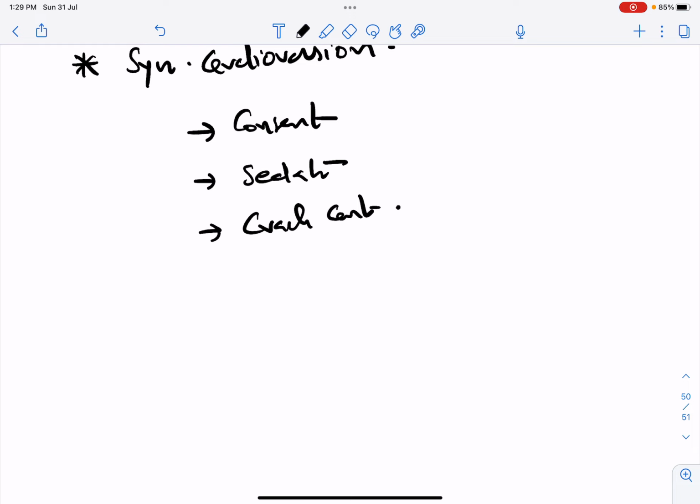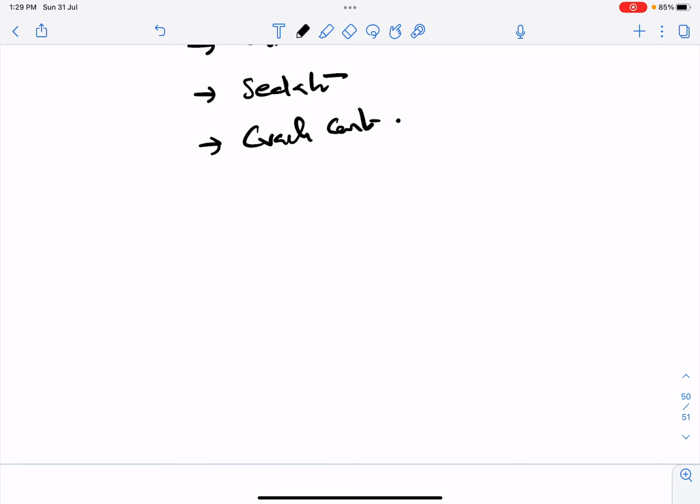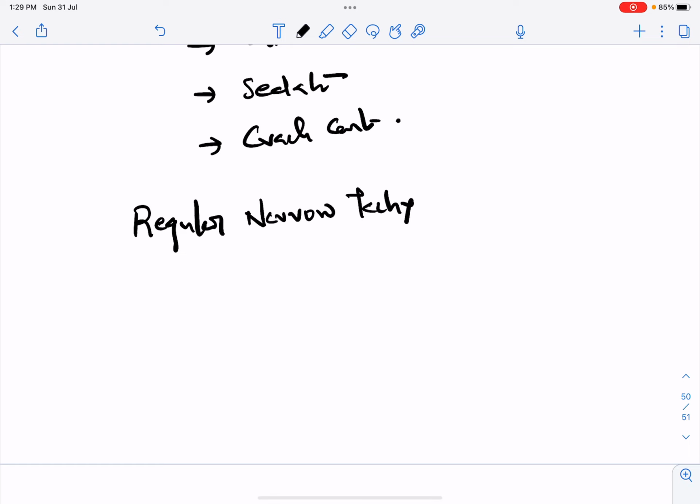Previously, in 2015, the AHA recommended joules for giving synchronized cardioversions are as follows. For regular narrow tachy, that is our SVT or atrial flutter, the recommended dose is 50 to 100 joules.